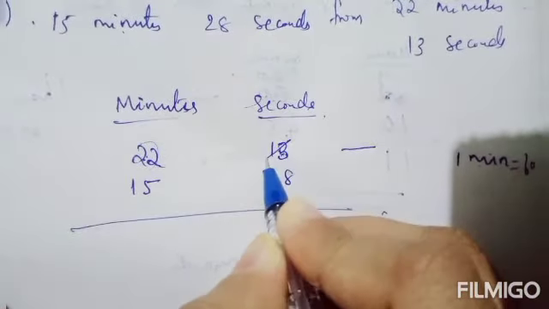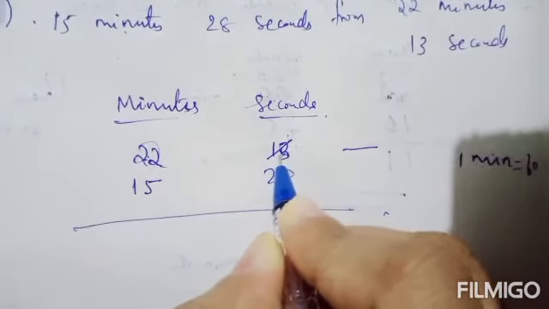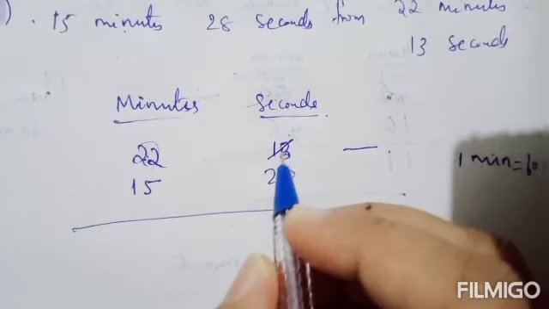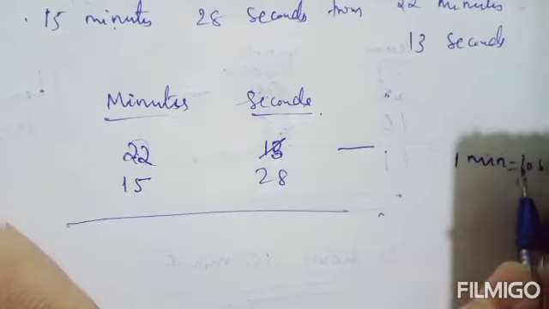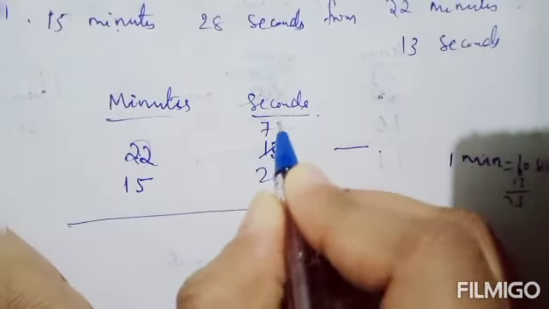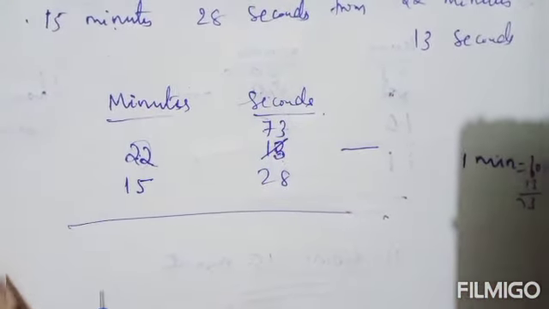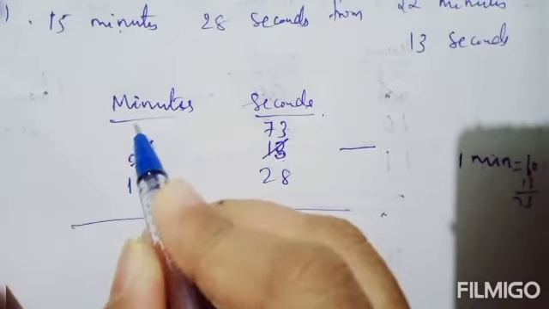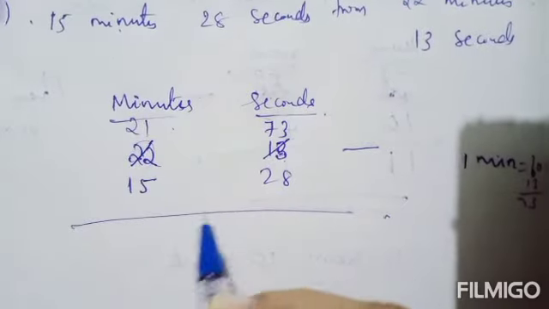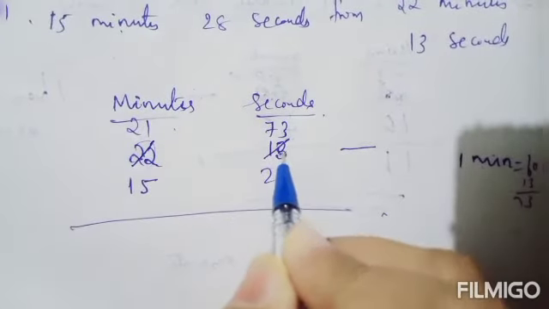So this 13 will be 13 plus 60. You are adding 60 to this 13 seconds. 60 plus 13, what will you get? It is 73. 13 will become 73. Now 22 will become 22 minus 1, 21, because we took 1 minute to this side.